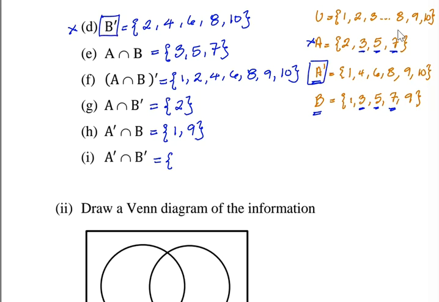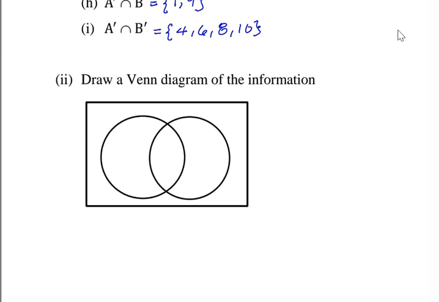The elements which are common to both A complement and B complement are 4, 6, 8, and 10. All right.